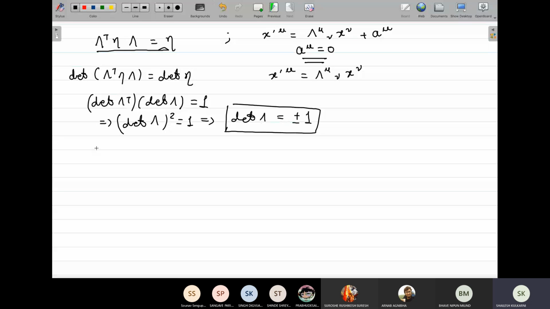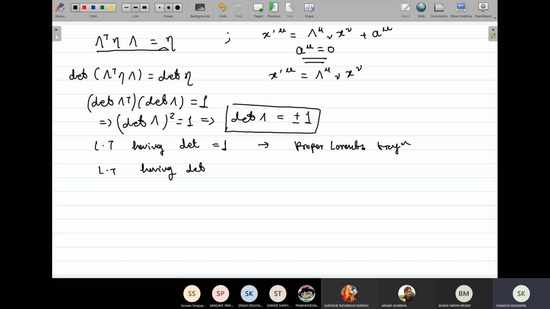Lorentz transformations having determinant equal to 1 are known as proper Lorentz transformations. Lorentz transformations having determinant equal to minus 1 are improper Lorentz transformations. Clear?